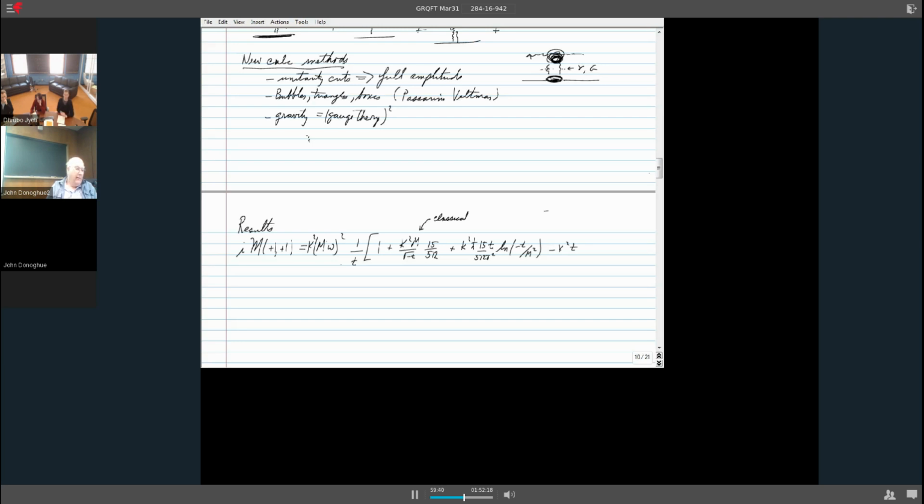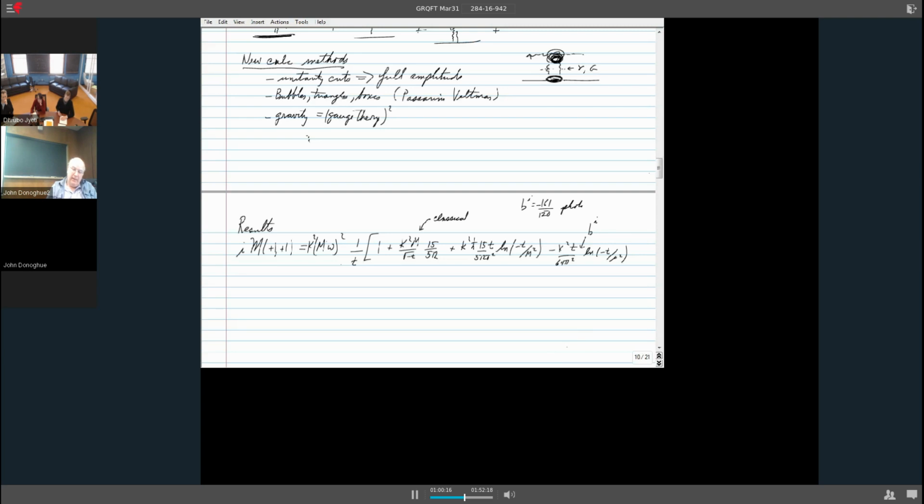Again, by our logic that we've done before, this should be a classical correction. There's no h bars floating around there. Then there's a kappa squared h bar. Here's one with an h bar. The same coefficient, 15 over 512 pi squared log of minus T over m squared. But then there's another log.